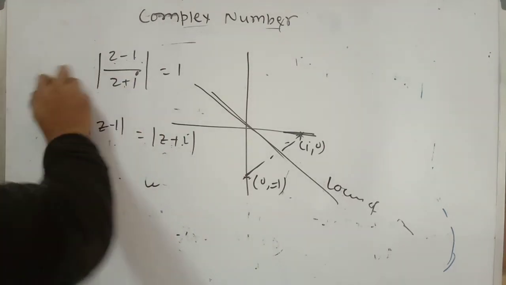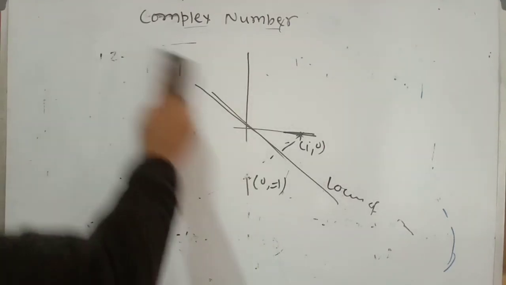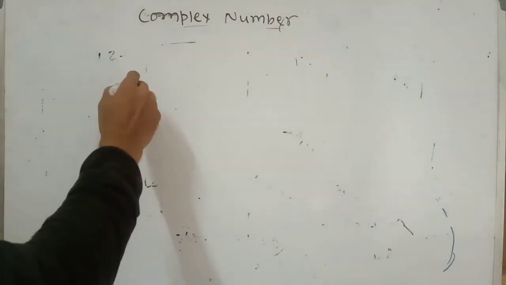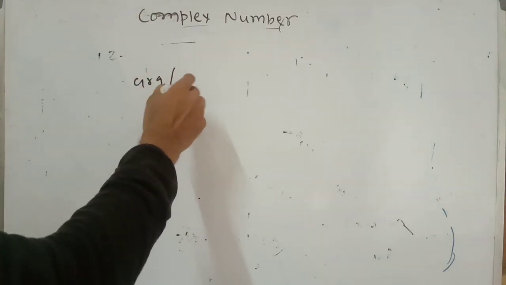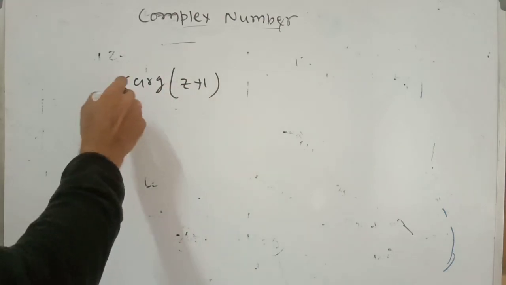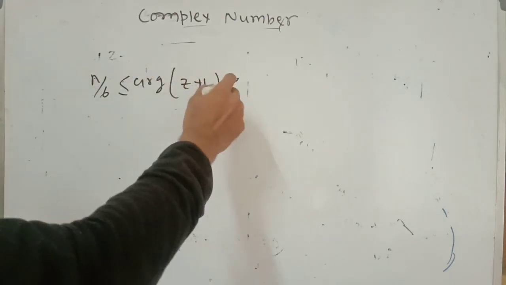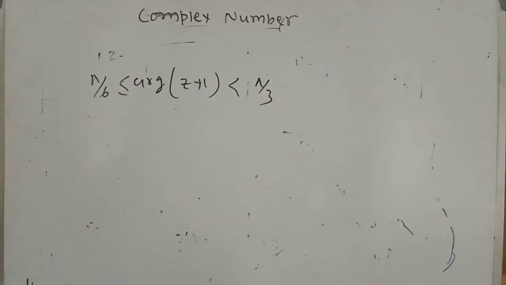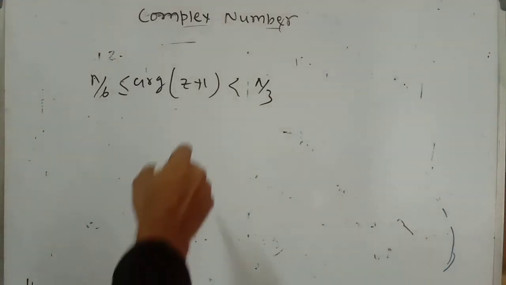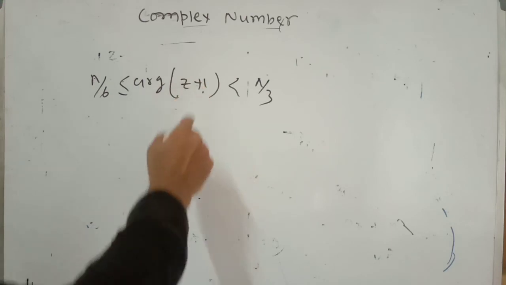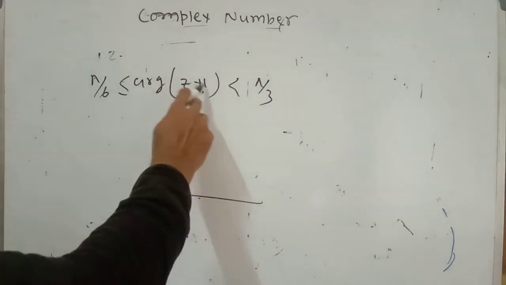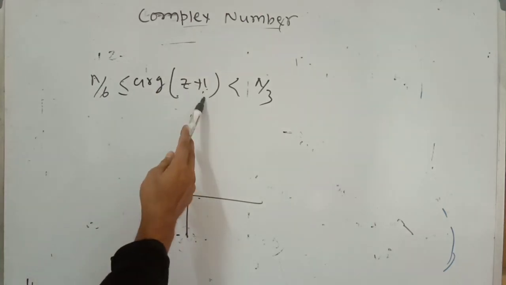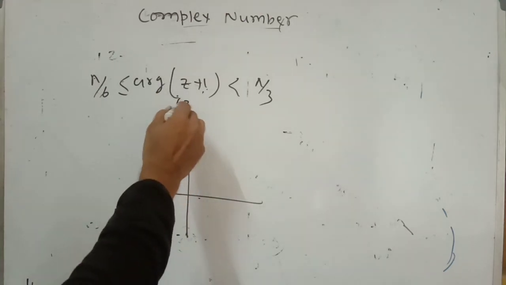Similarly, another question: let us find the locus of a given equation like this one. Let me consider the argument of z plus 1 lying between pi by 6 and pi by 3. That means when you find the argument of z plus 1, it is measured from the point minus 1 0.